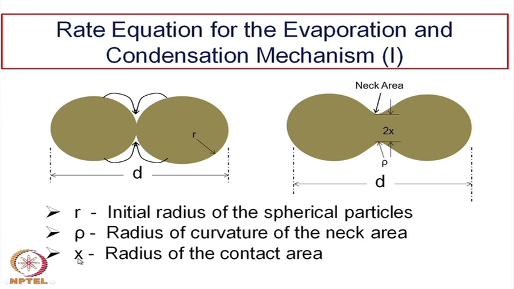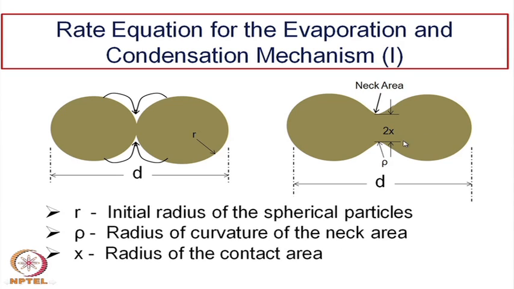Another parameter we would like to define is x. The x is the half radius of the contact area. Actually it is a two dimensional circular contact area between the two particles, and the radius of that circle is x.